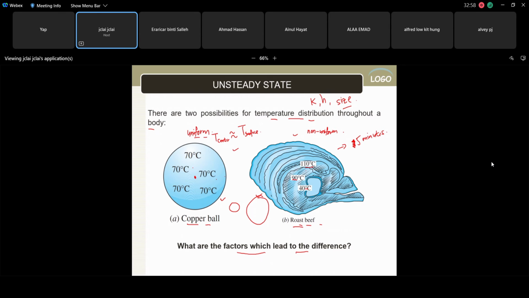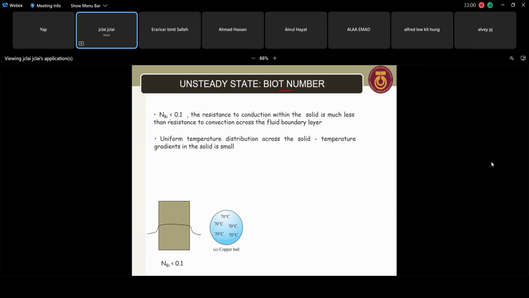It depends on the value of the Biot number. If the value of the Biot number is less than 0.1, then we can safely assume that there is a uniform temperature distribution across the body. The temperature gradient in the solid is small, just like a copper ball.